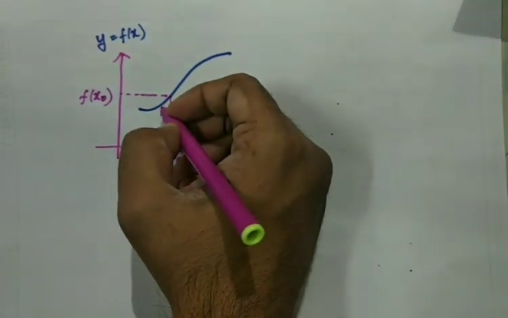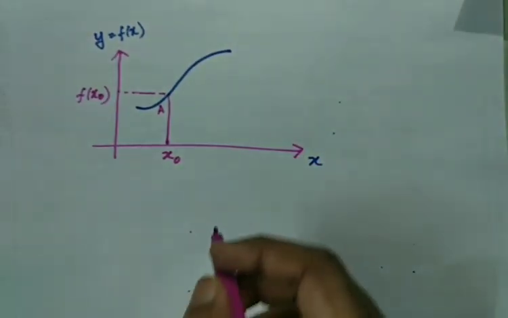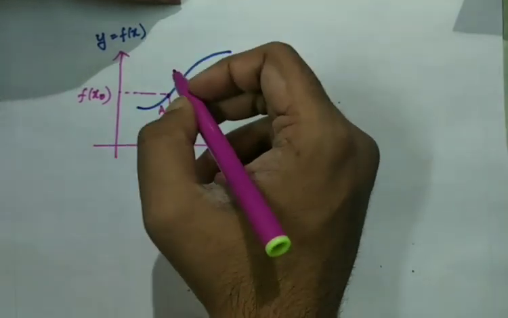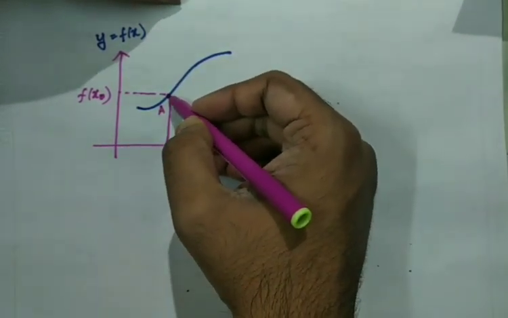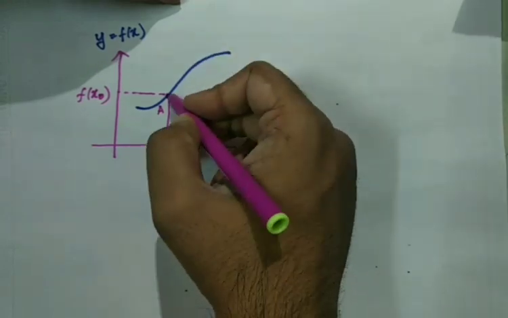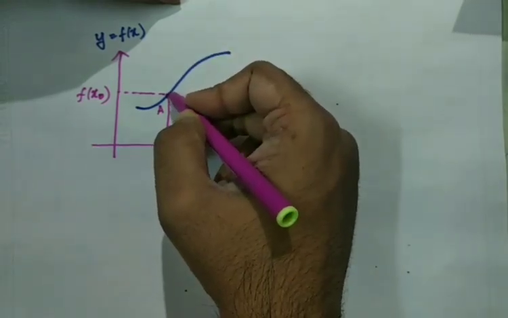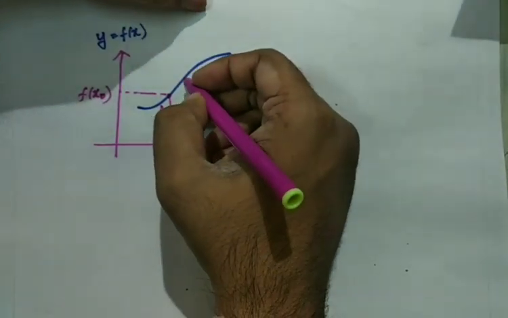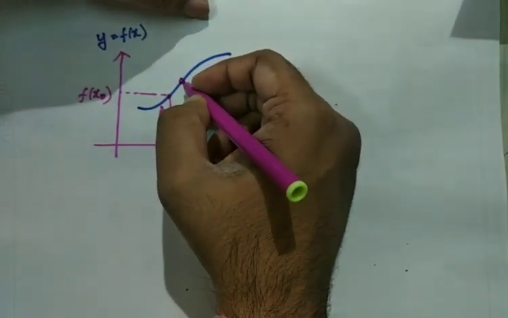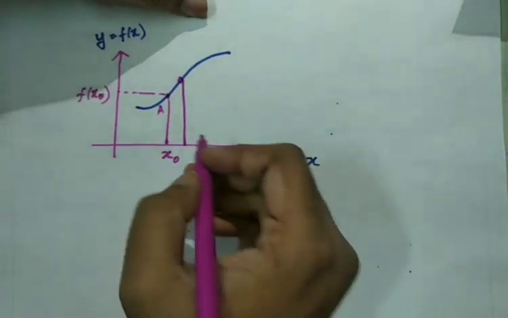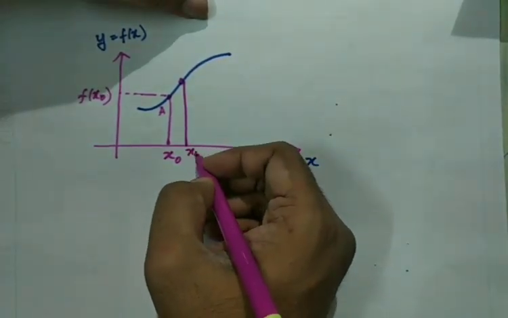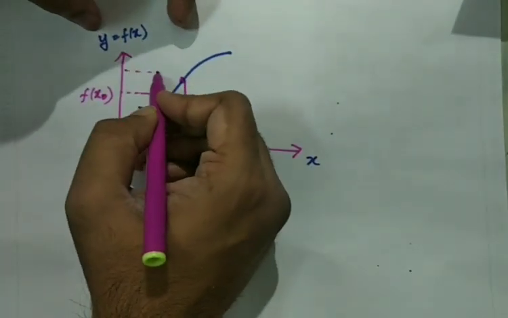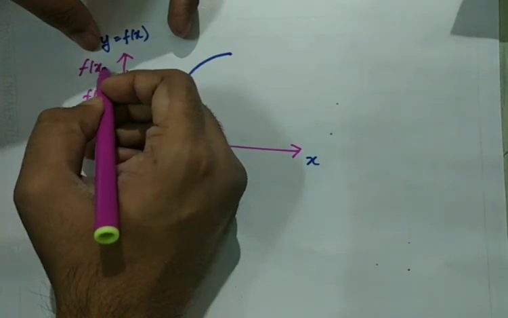This is A. Now I am considering another point B, which is very close to the point A, almost on the vicinity of point A, almost lying on the point A but separated. This is x naught plus some h. So this will be f of x naught plus h.